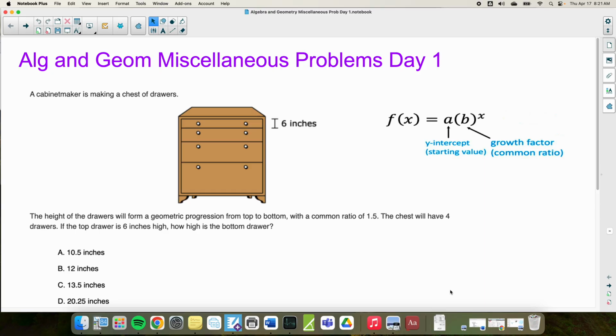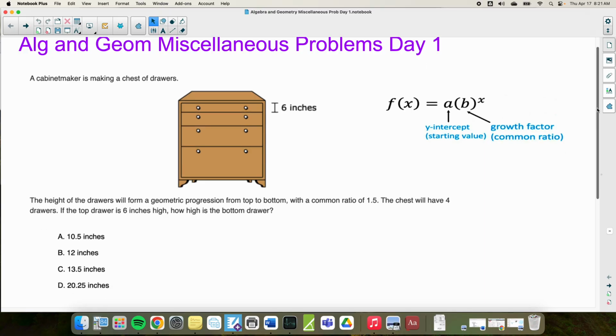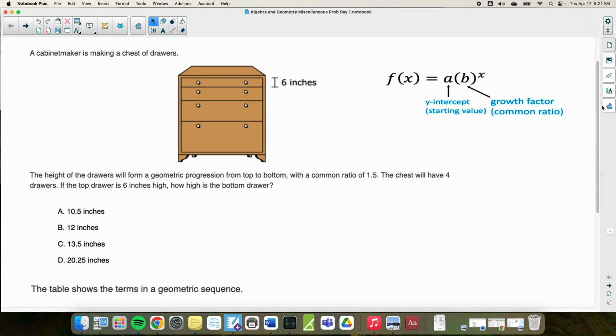Okay, so we are going to talk today about some stuff we've talked about before, and some new stuff. So here what we have is a chest of drawers, and it says the height of the drawers will form a geometric progression, which is also a sequence. And this was our formula that we learned about that.